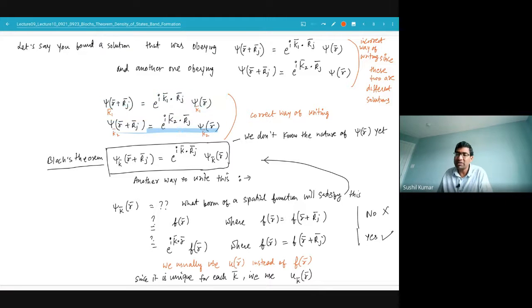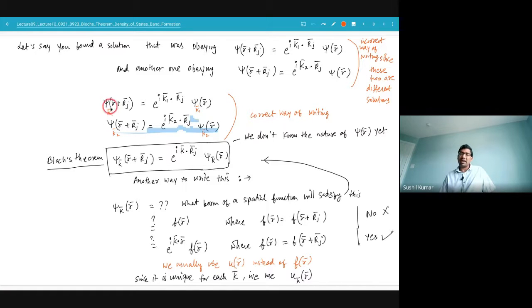So it's better to put the label k on the psi, because it tells you that I'm working with k1, and this wave function corresponds to k1. Does that make sense? This k1 is a label, just like in our infinite square well problem, we had labels 1, 2, 3, 4, 5: first state, second state, third state.